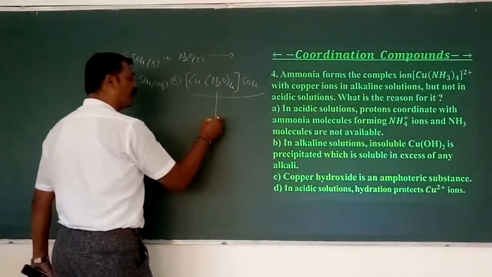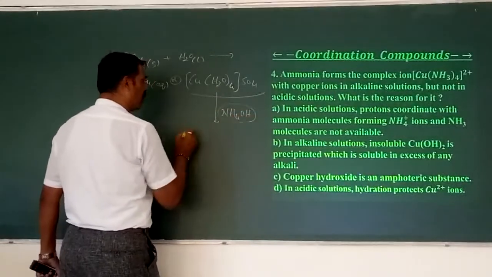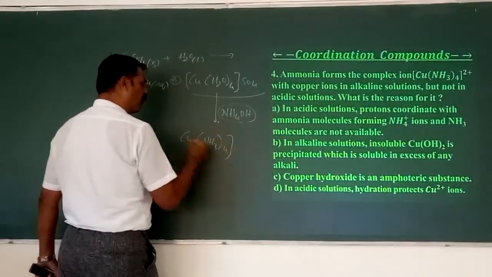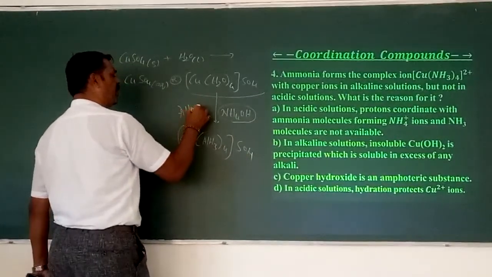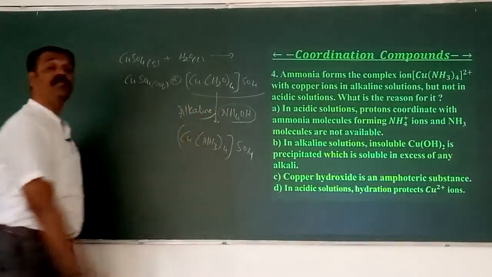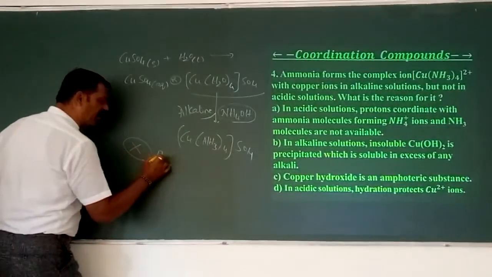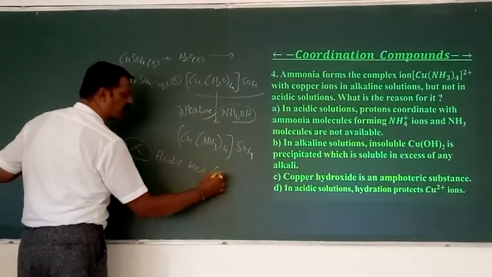So when it is treated with ammonia or ammonium hydroxide, we have Cu(NH3)4 SO4. It has to be carried out only in the alkaline medium, but we can't use the acidic medium. Why? Acidic medium refers to H plus.